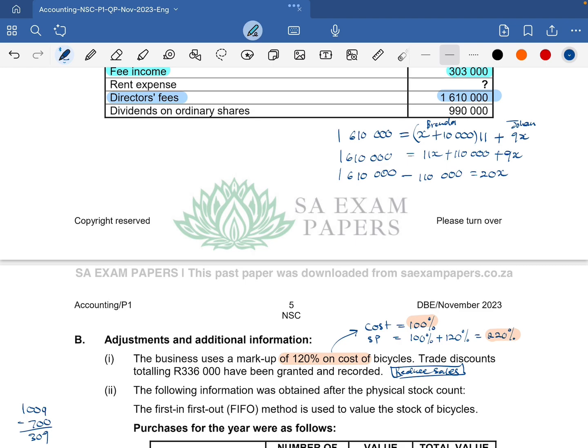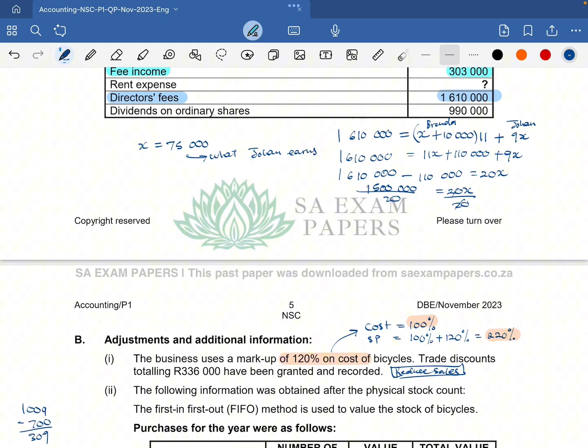That is 1,500,000 equal to 20x. Divide by 20 on both sides, and then x is equal to 75,000. So this is what Johan earns.